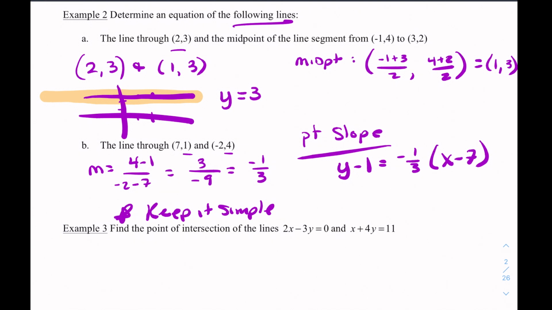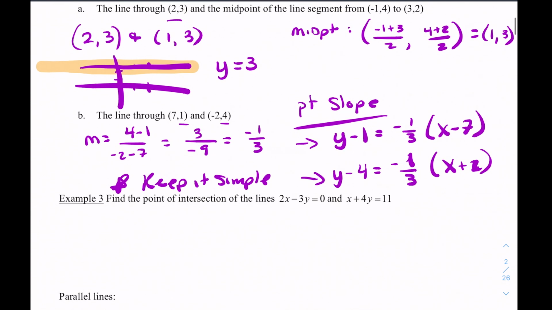Piece of cake. You could have also written this as y minus 4 equals negative 1/3, because that's their slope, parentheses, x plus 2. Inside parentheses, we always write the opposite. Outside parentheses, we always have the same. Technically, you could have parentheses around the y value too if you wanted to.